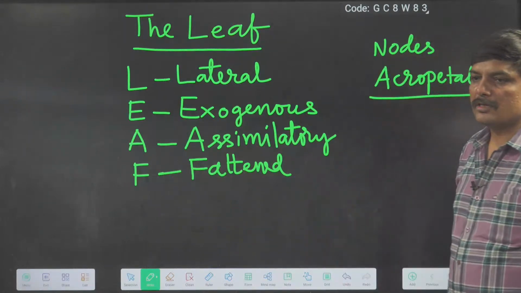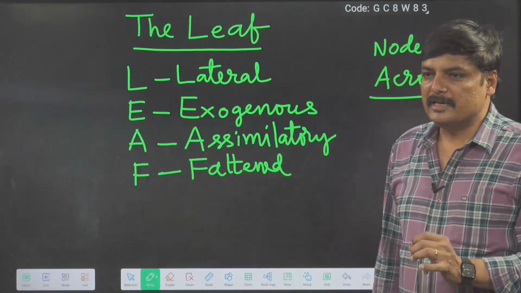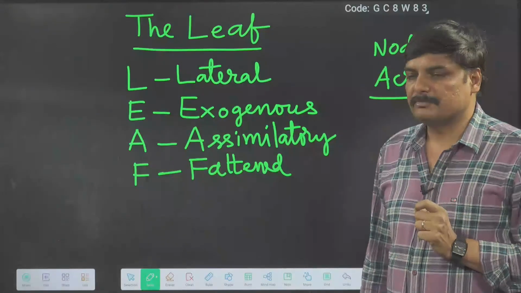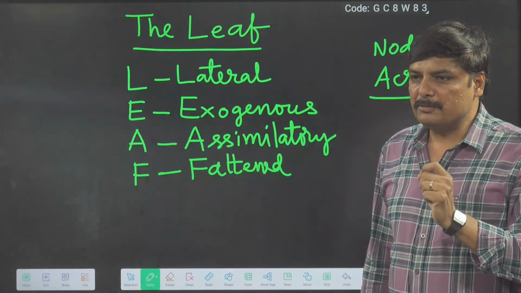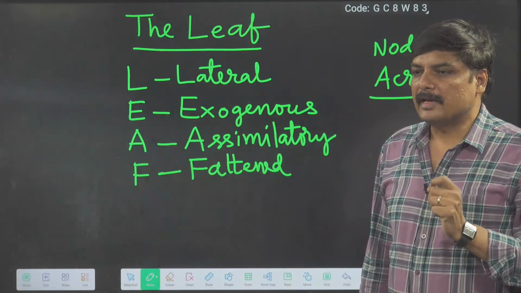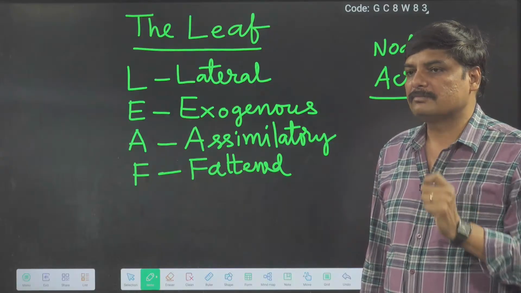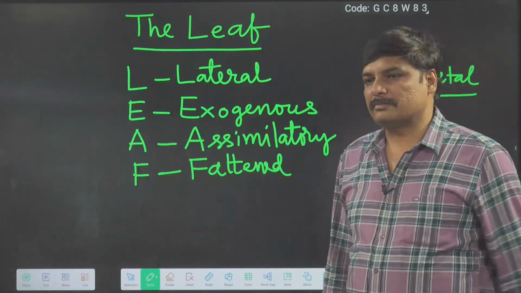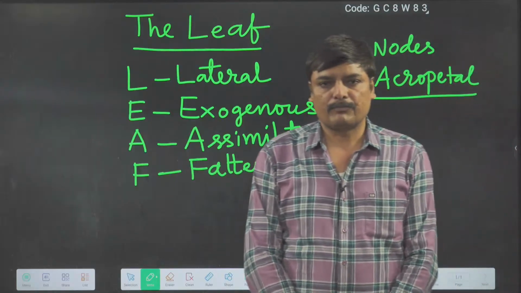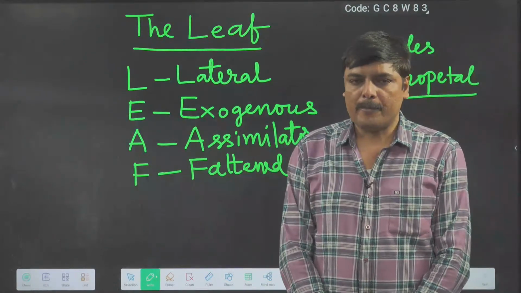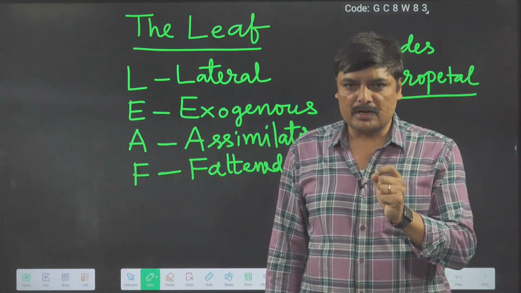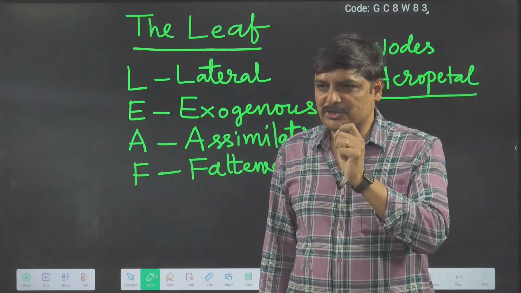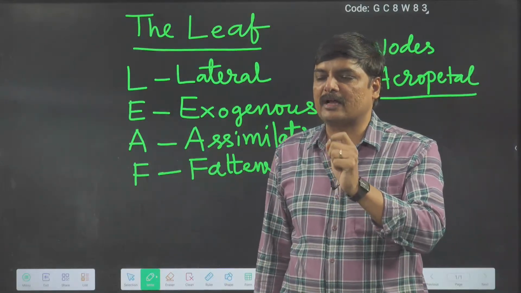Acropetal means older leaves are at the base and younger leaves are at the apex. Such arrangement is called acropetal arrangement.